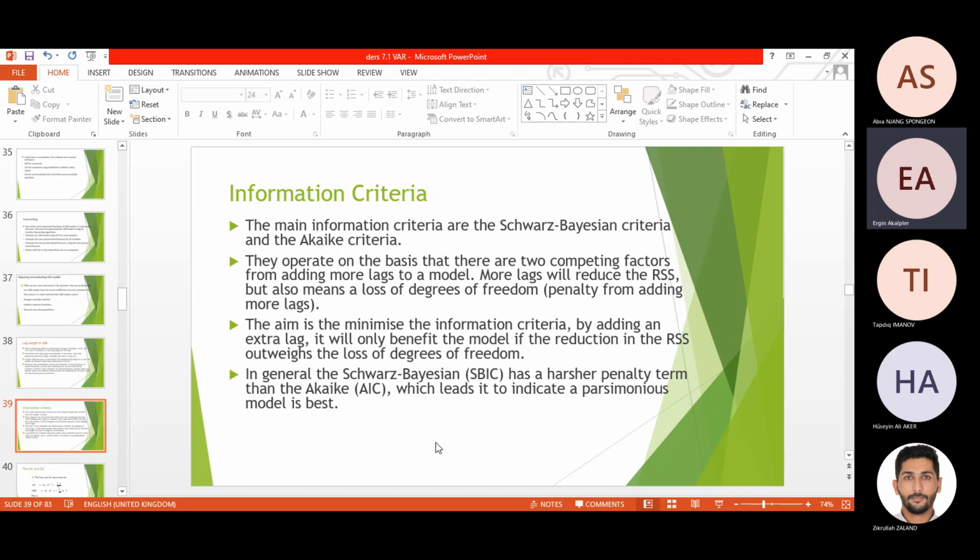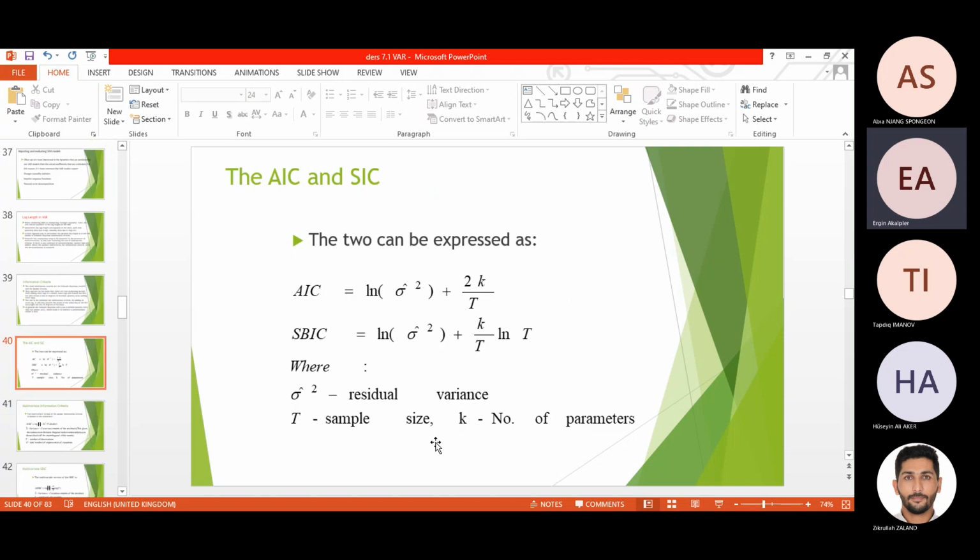In general, the Schwarz-Bayesian information criterion has a harsher penalty term than the Akaike information criterion, which leads it to indicate the parsimonious model is the best. The Akaike and Schwarz information criteria are represented in the equations below. The ln is the logarithm, sigma represents the residual variance, T is the sample size, and k is the number of parameters.